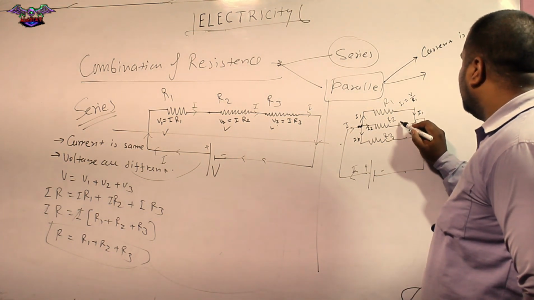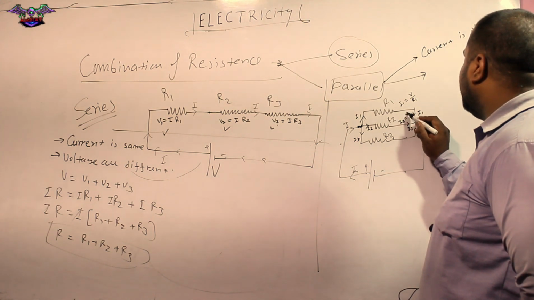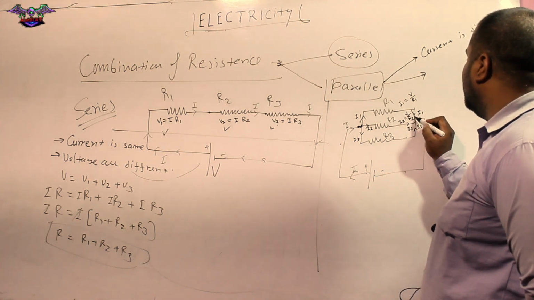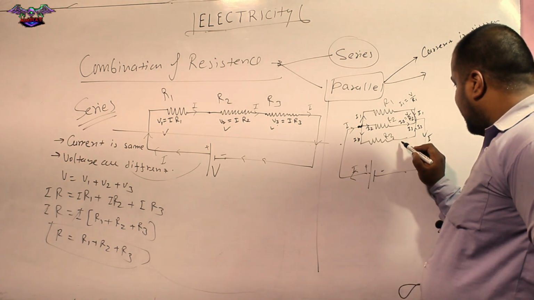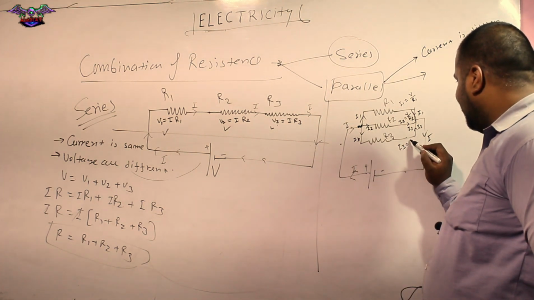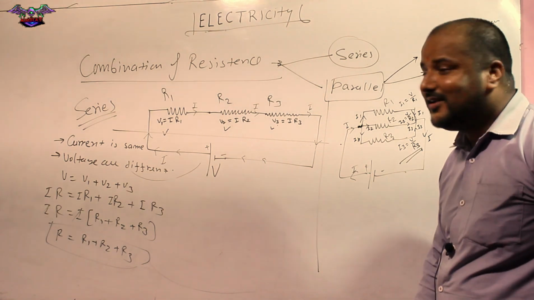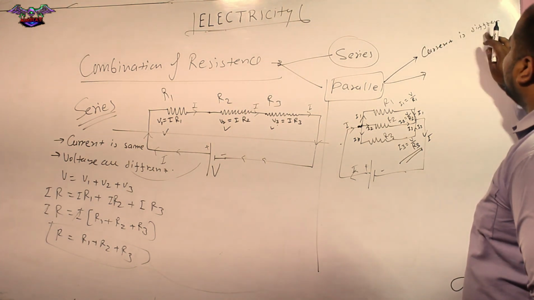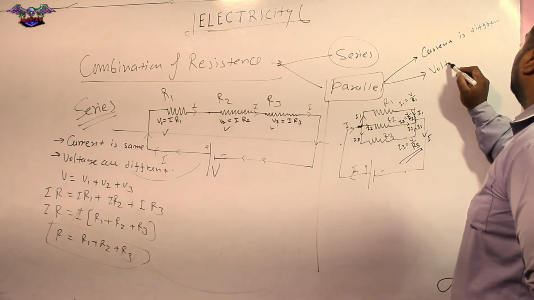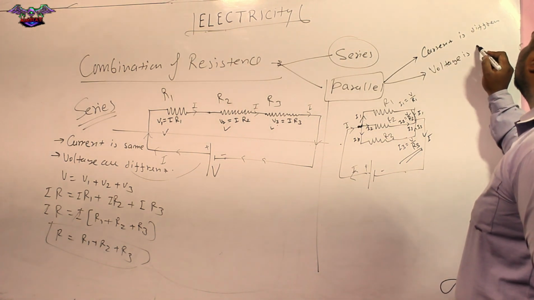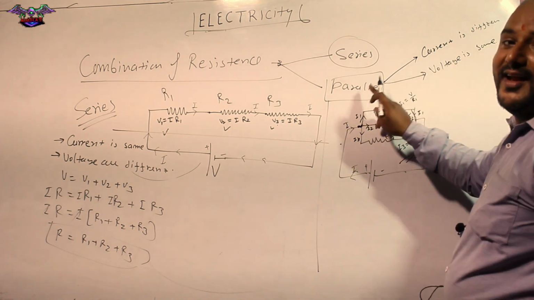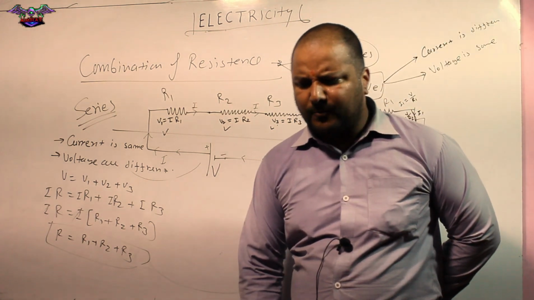What is I2? I2 equal to V upon R2. Next, I3 equal to V upon R3. Got it? So current is different, and voltage is the same in parallel circuits.